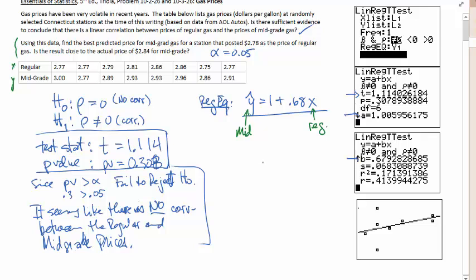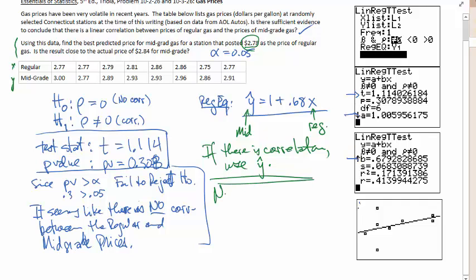So the ideal thing to do, if there was correlation, we use y hat. So if there was correlation, we would put in our value of $2.78 in for X, and then we would get our Y value.